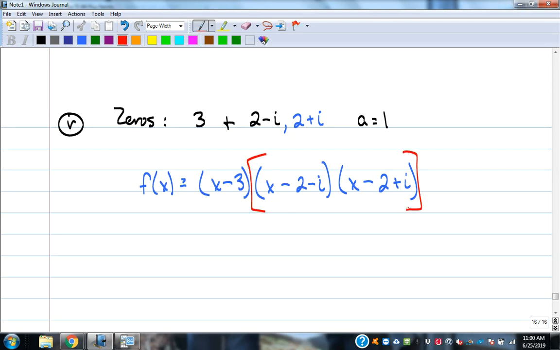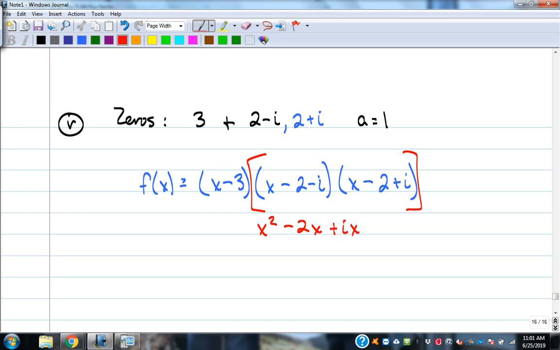You want to do those two together first. And this is a little long, but it's doable. It's not pretty, but it's doable. So here's what happens. You just multiply x times x, x squared. X times negative 2 is negative 2x. X times positive i is plus ix, like that.